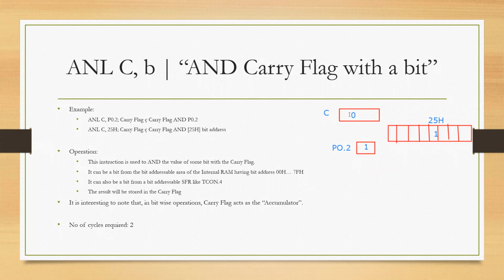The carry flag contains 0, so 0 AND 1 gives the answer 0, and this answer will be placed in the carry flag. So the carry flag will get the value 0. Next, let's change the value. It will be 1.